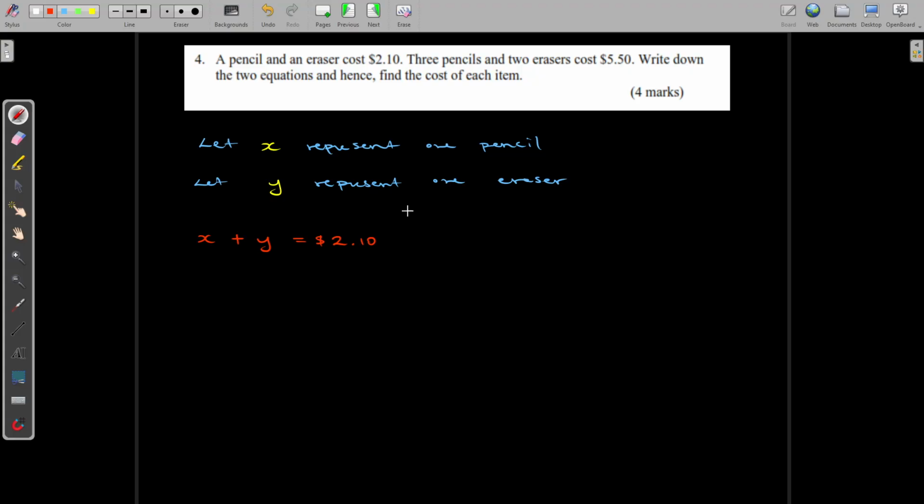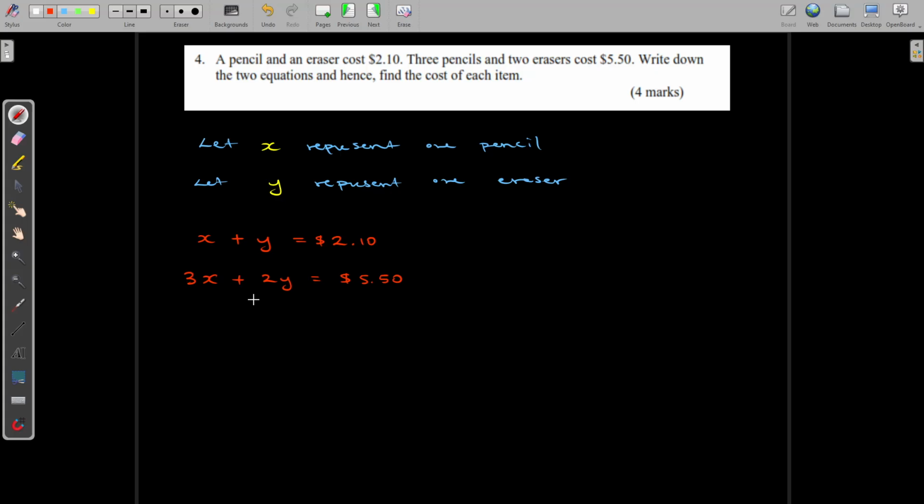So now 3 pencils and 2 erasers cost $5.50. So that's the second equation. 3 pencils, so remember x represents the pencil, plus 2 erasers cost $5.50. So we need to write down 2 equations.